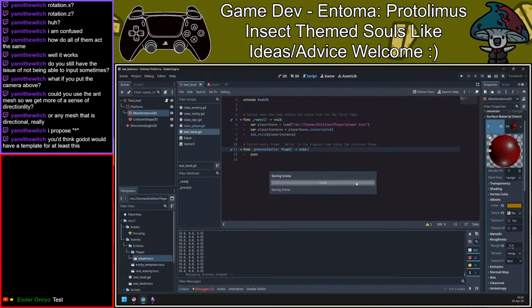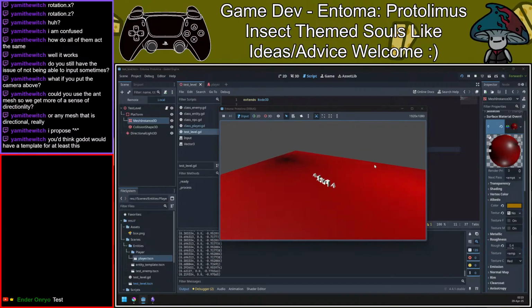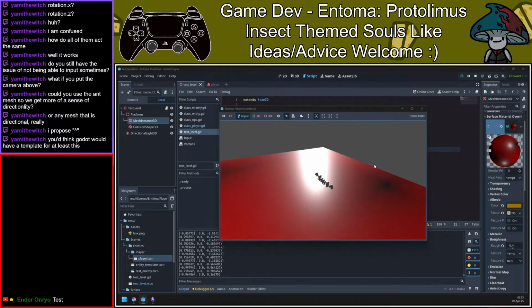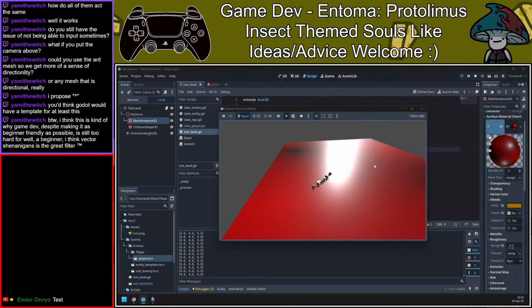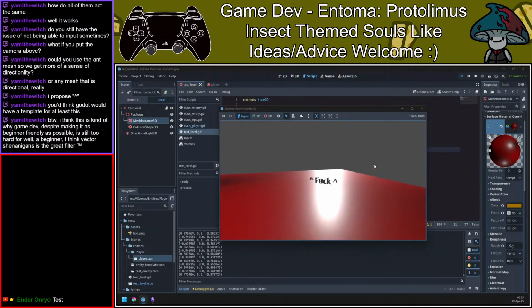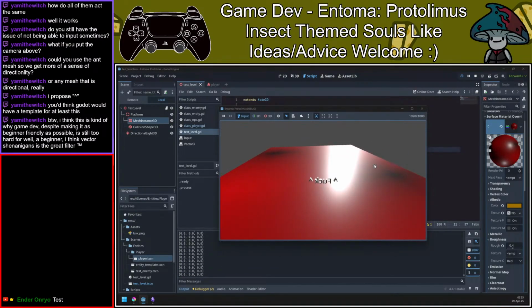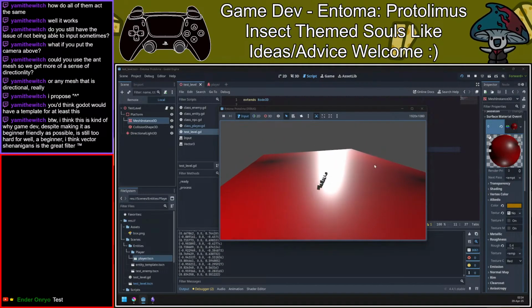You know what? Select current. Kind of like game dev, despite making it as beginner friendly as possible, it's still too hard for a beginner. Vector shenanigans is the great filter.